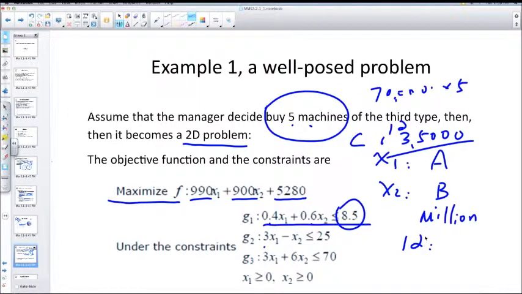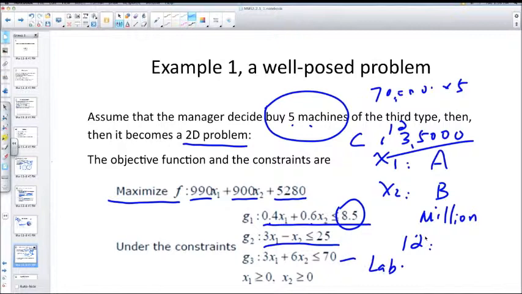The second equation is a little artificial flow constraint. Maybe you have to set these machines in the same manufacture shop, and that gives you the second equation. The third equation is the labor constraint.